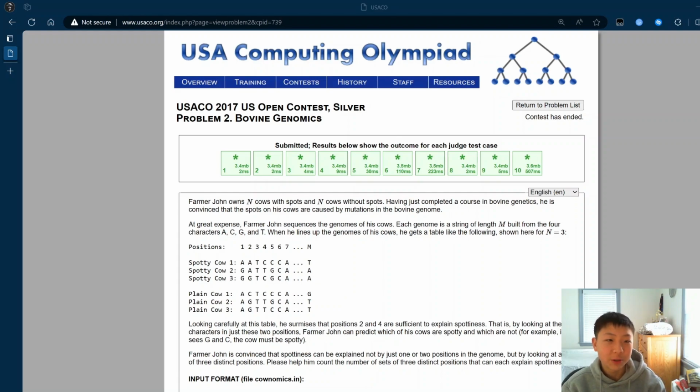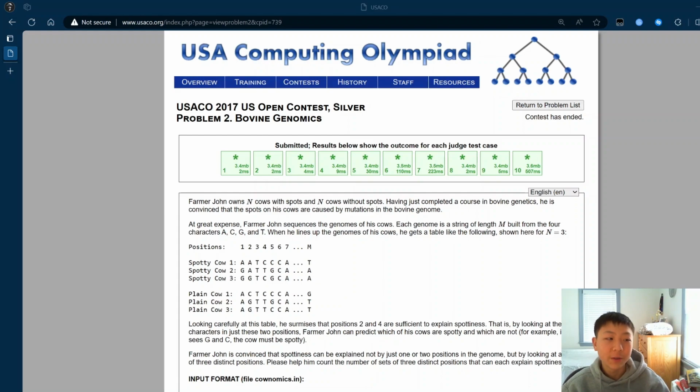So today we're going to be doing 2017 US Open Contest Silver Problem Bovine Genomics. Farmer John is going to own N cows with spots and N cows without spots.